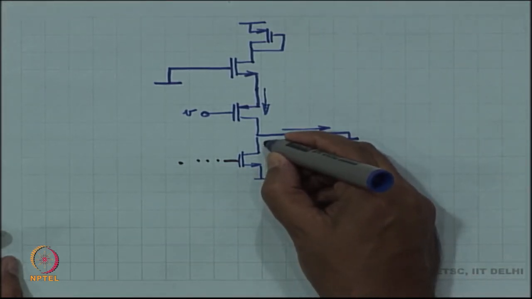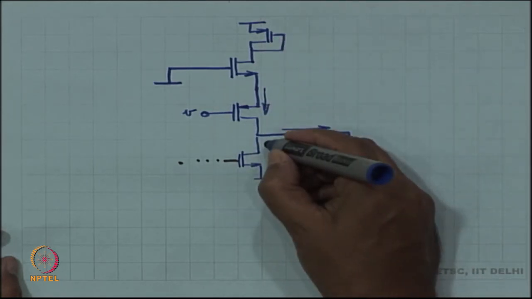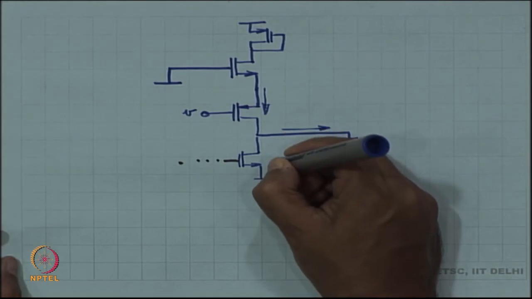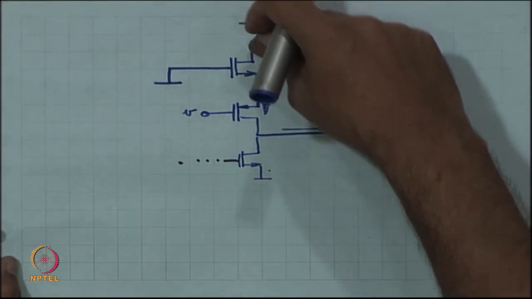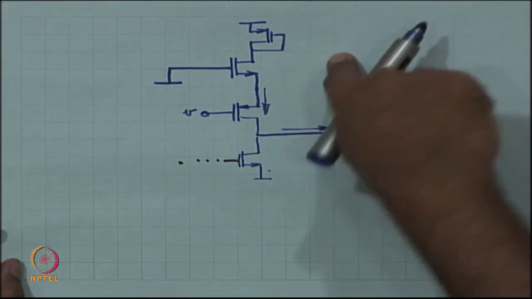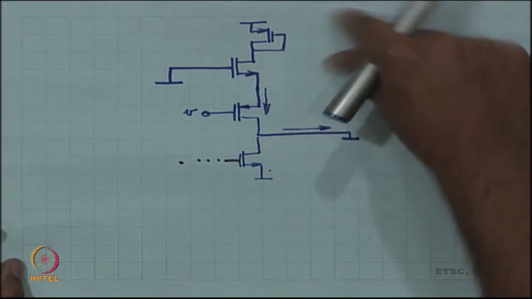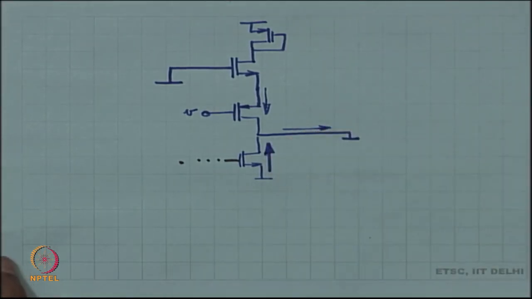So, an identical mirror copy of the current is going to be created here. The current here is coming downwards. The mirror will also do a downwards, but when you turn it, it is going to be an upwards current. Fine.